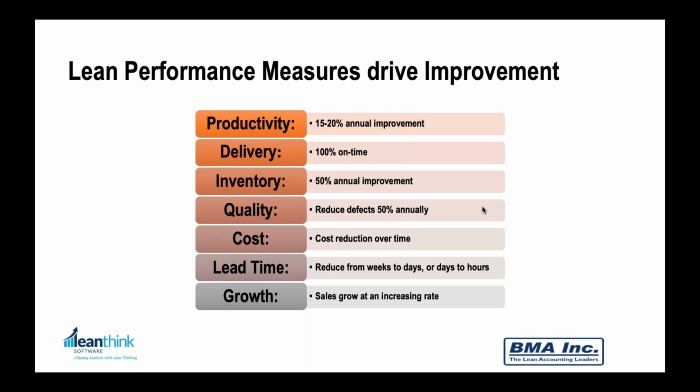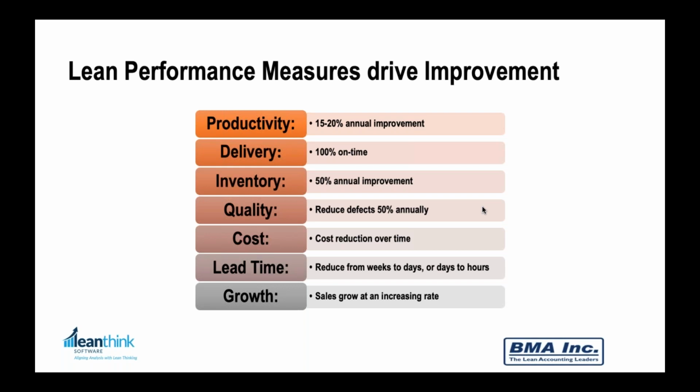So the lean performance measures are really where you do the root cause analysis of poor financial performance. And this is a shift between just looking at the financial numbers and then trying to understand the root cause. It's about understanding the relationships.